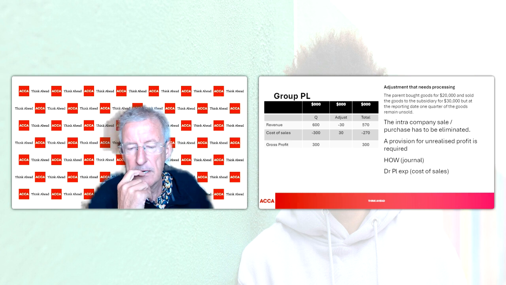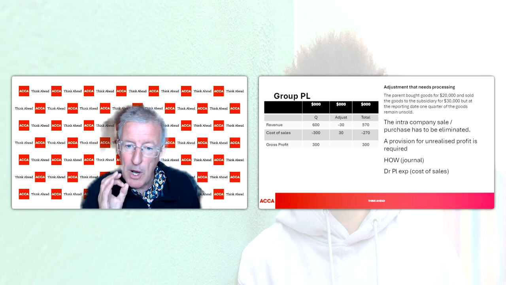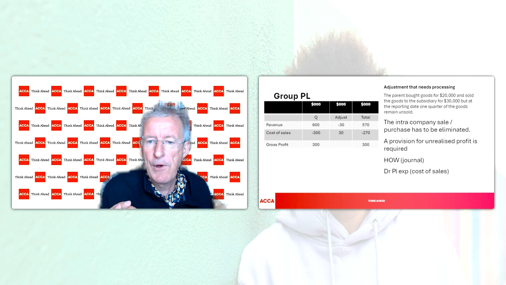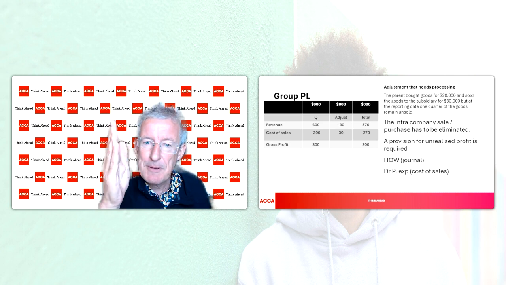Where is the credit? Not in the P&L. You won't see it in the P&L. The credit would be in inventory.